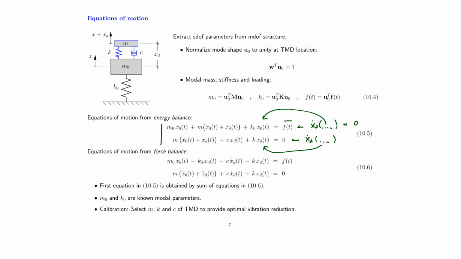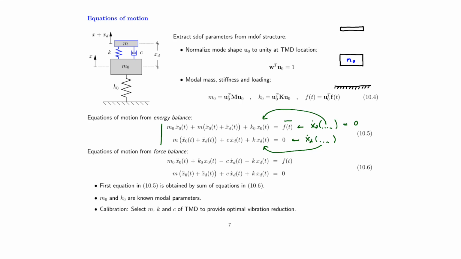So therefore we get these two equations. Now it's also fairly easy for this simple system to actually just set up the governing equations for m0 and m. Let's make a small sketch here to the right where we have the m0 mass.